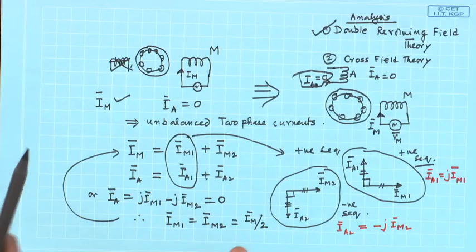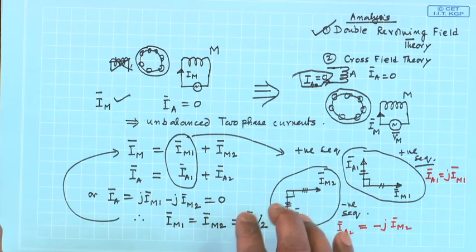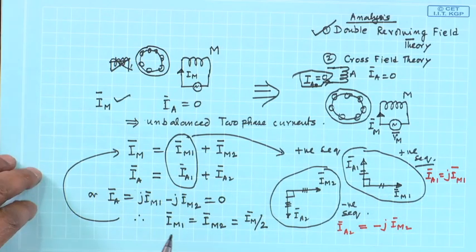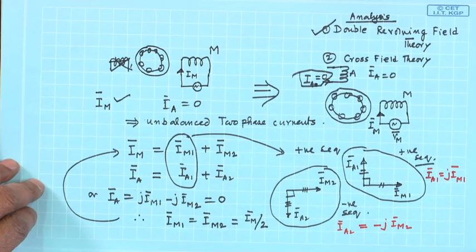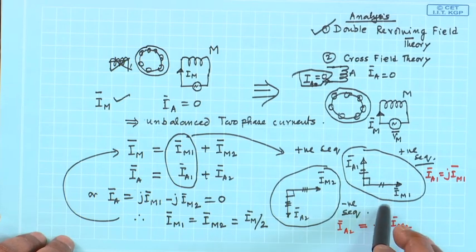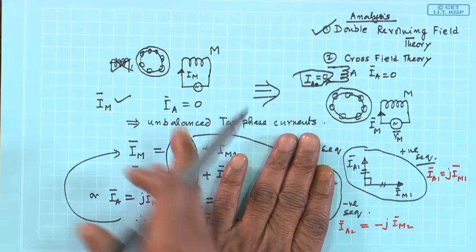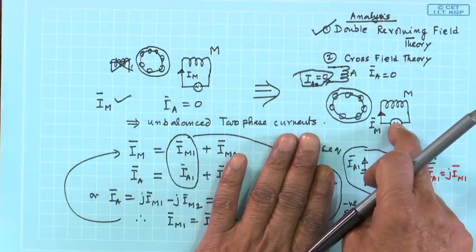So what we can do now is consider one sequence at a time and try to see what happens. That is the idea. For example, if this IA1 and IM1 are considered to be present alone, positive sequence first, then I will say, okay, these coils, consider only positive sequence.